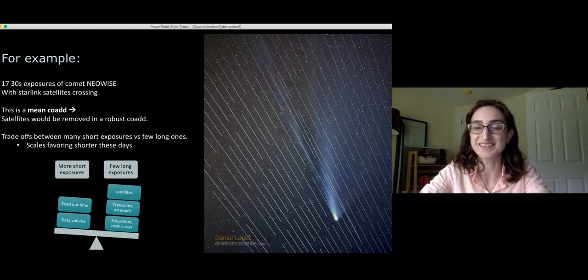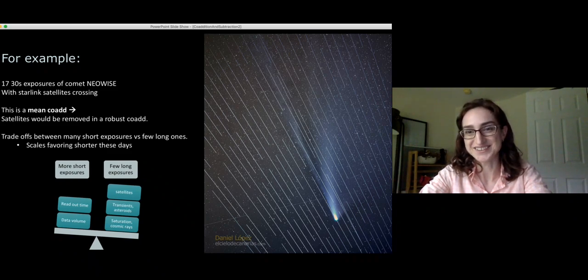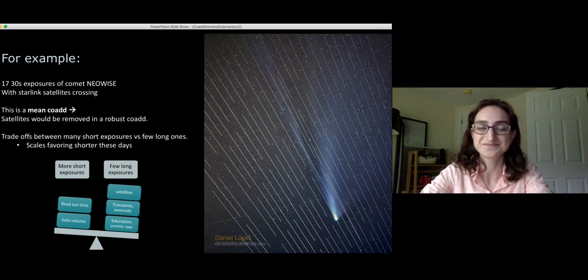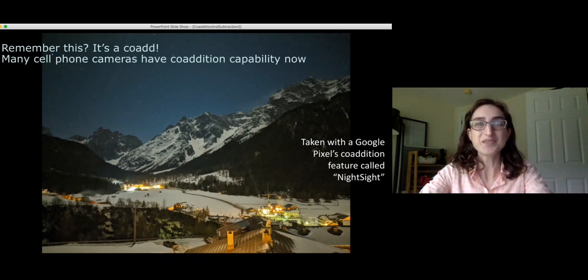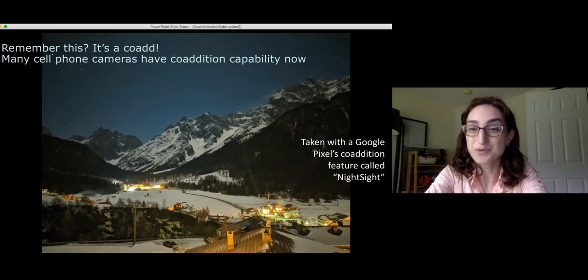And the LSST, with its thousands of 30-second exposures, is going to have no problem removing things like these Starlink satellites. And other people are catching on as well. Remember this long exposure time image? This is actually a coadd that I took with my cell phone.